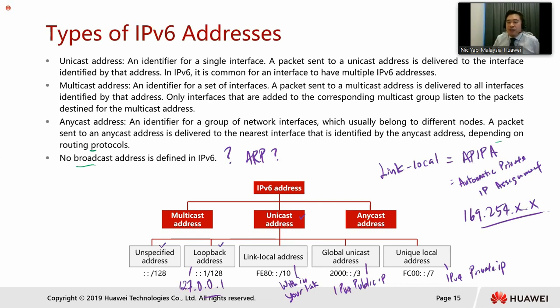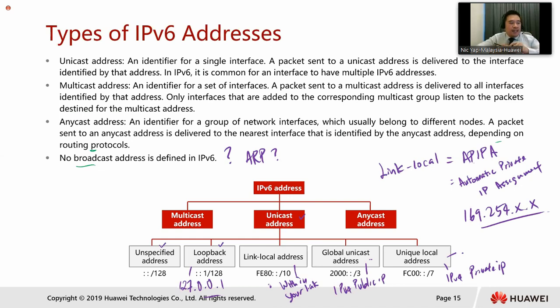So it means this address is not routable, not routable to the public network. And the global unicast is routable through the public network. So this is the unicast address classification that we have: unspecified, loopback, link local, global unicast, and unique local.